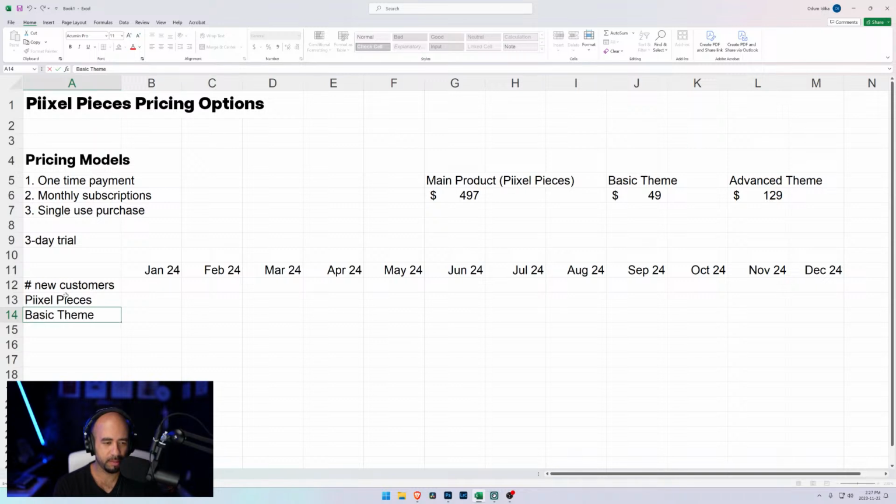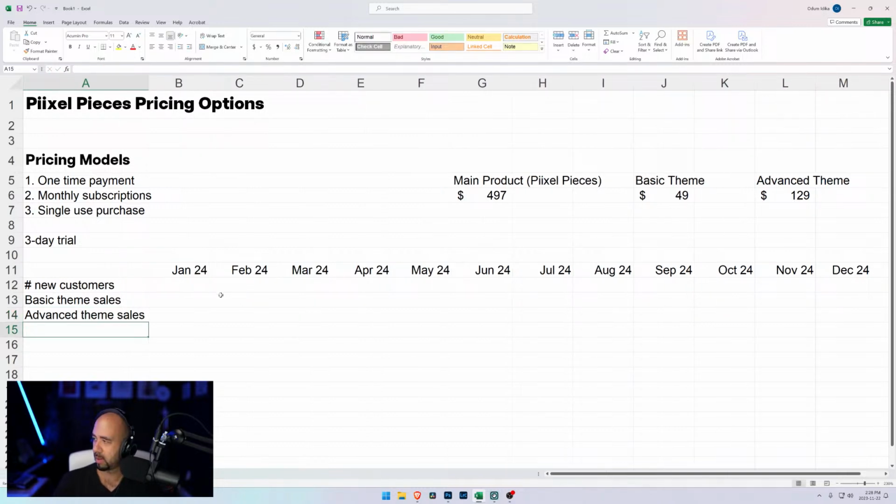Basic theme. Oh, actually, number of new customers. And then I think we'll say basic theme sales and then advanced theme sales. Okay.